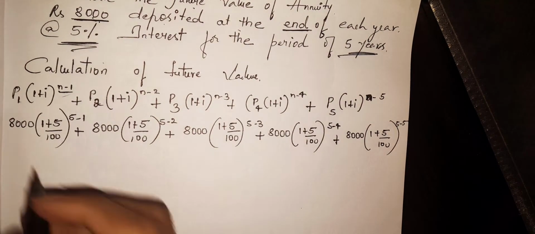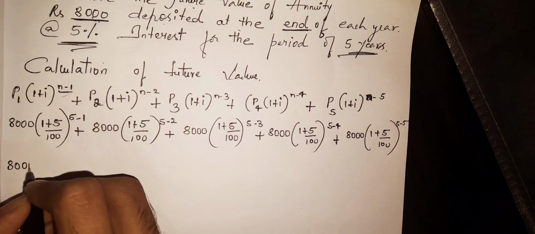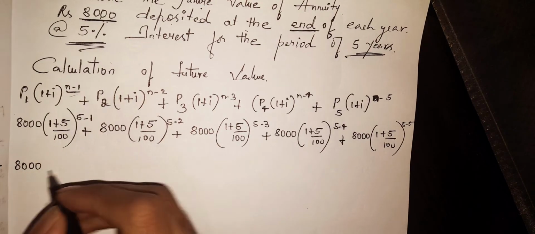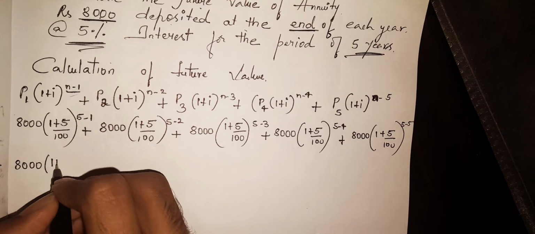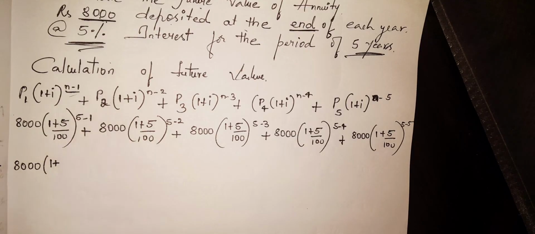We have 8,000 into (1 plus 5 divided by 100). 5 divided by 100 is 0.05.